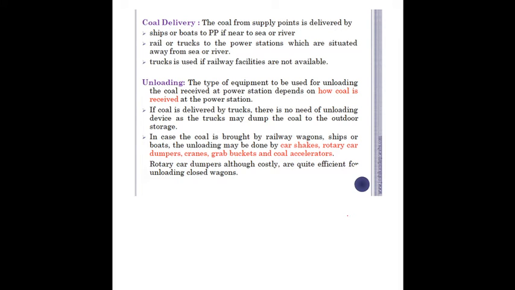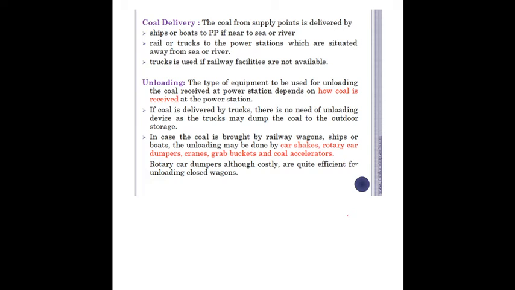In coal delivery, from the supply point, the coal may be delivered to the power station by rail, by road, or by river or sea. Plants which are situated near the river or sea may make use of navigation facilities. Stations which cannot make use of navigation facilities may be supplied coal either by rail or trucks.